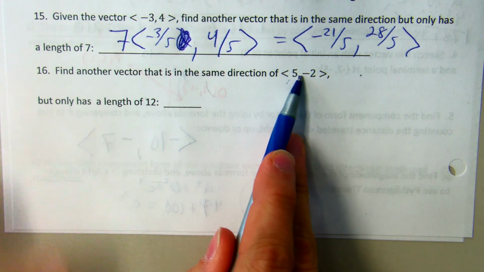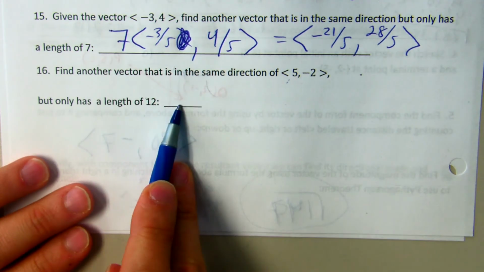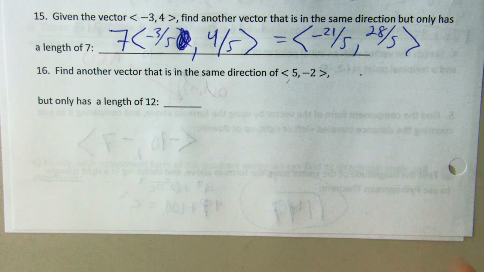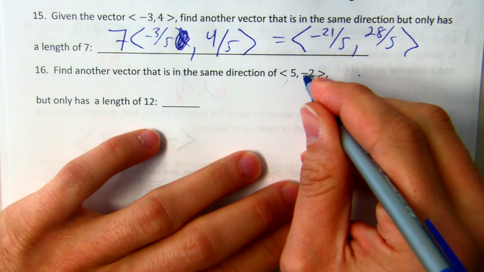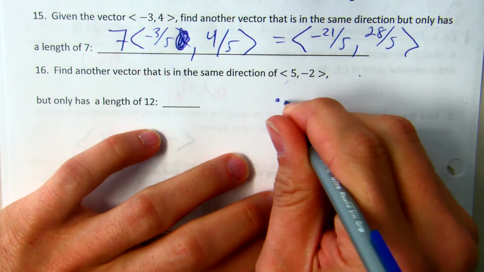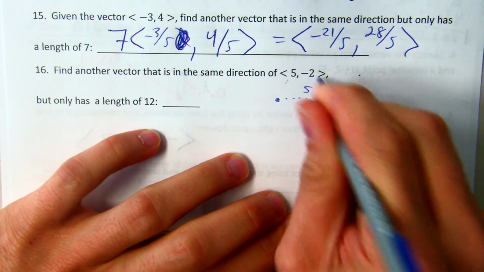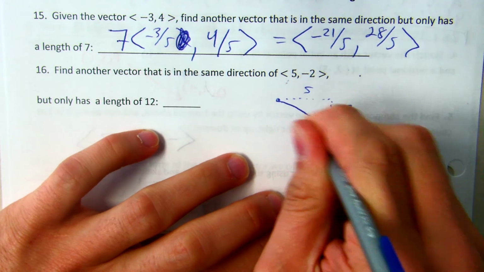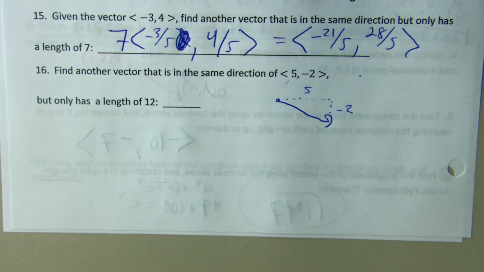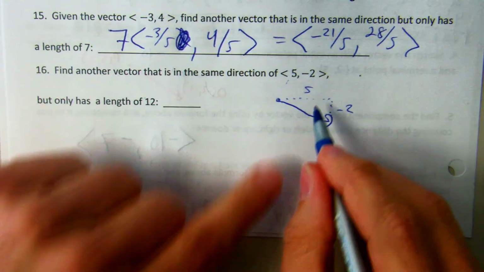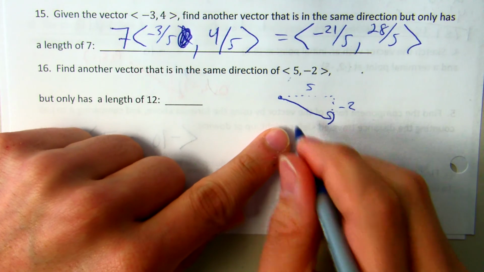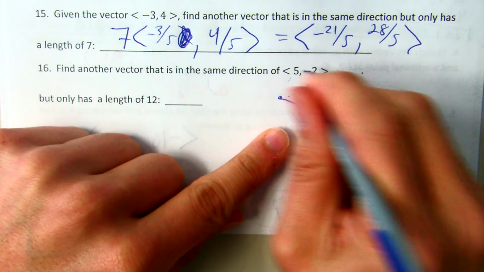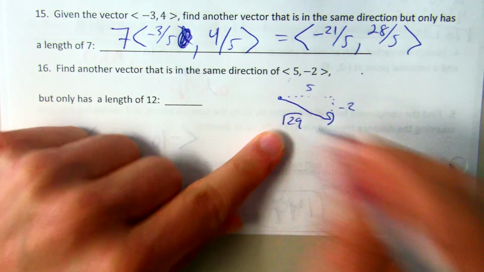Does this have a magnitude of 1? Because if it does, I can just multiply it by 12. It doesn't, unfortunately. But I could quickly draw a picture. This is like saying it's traveling right 5, down 2. Quick visual of what it looks like. With the diagram there, I can tell you its magnitude is currently the square root of 29.